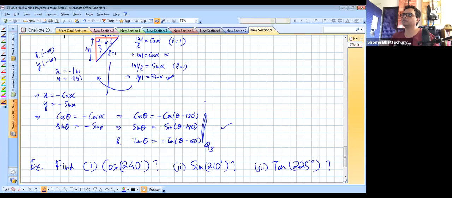So after you absorb these formulae properly, and how they have come, now just apply these formulae to find out the values of these 3 questions I've given. So I'm waiting for your replies on chat. Yes, anyone solved them?